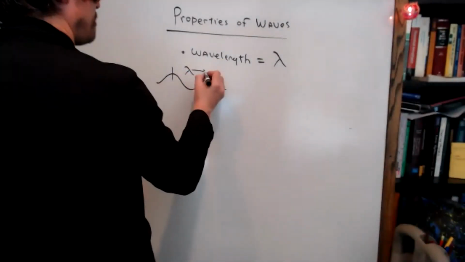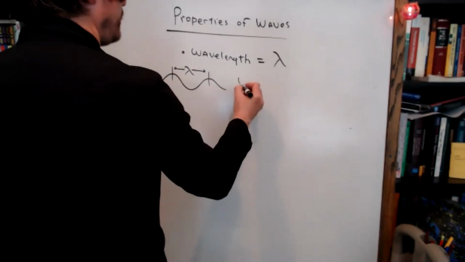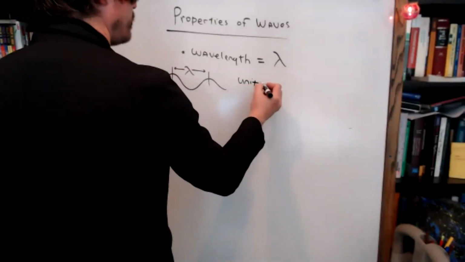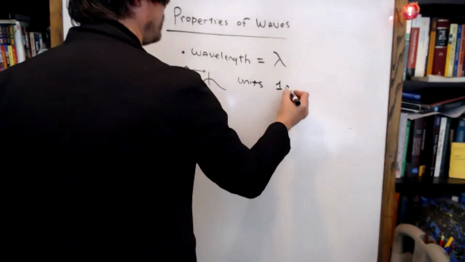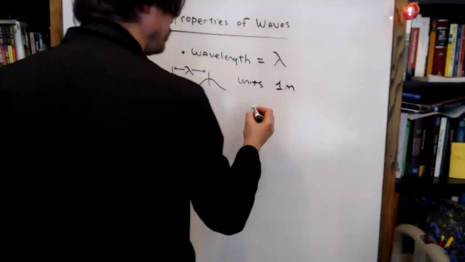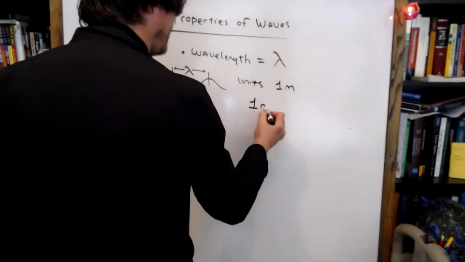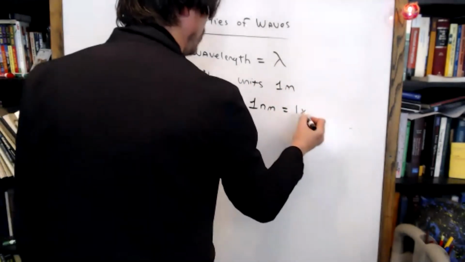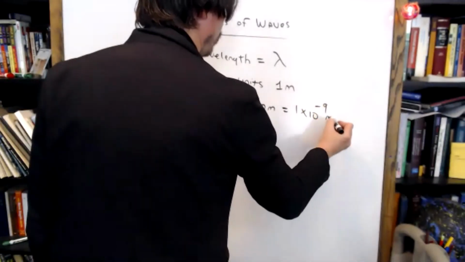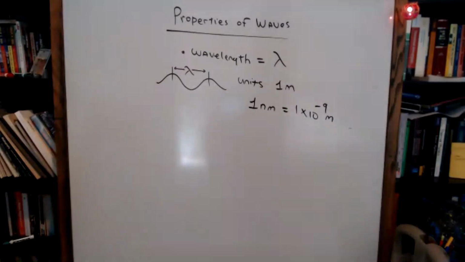So its units could be in meters. They could be in nanometers. 1 nanometer is a billionth of a meter.